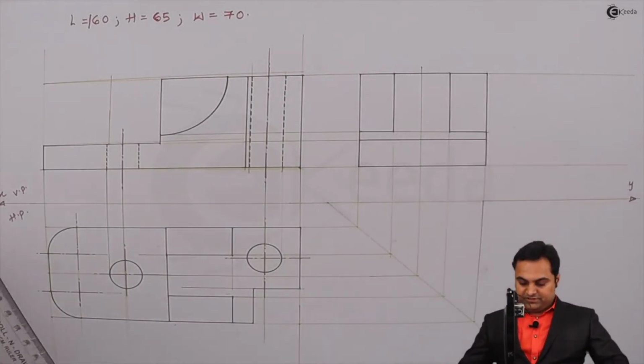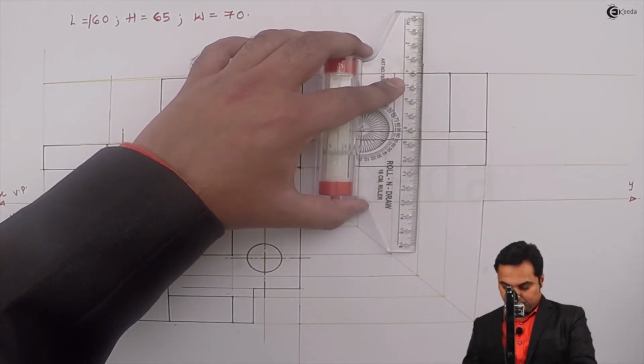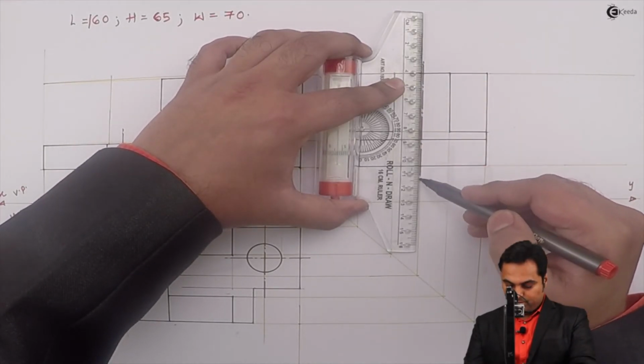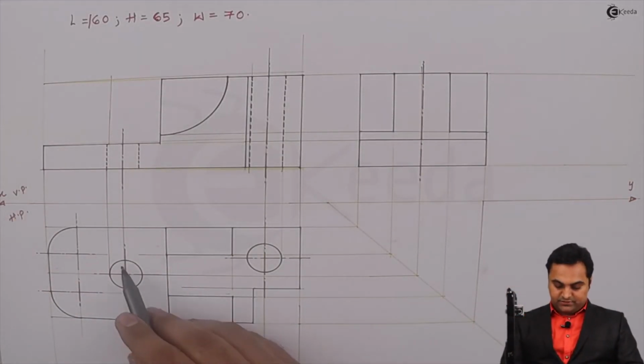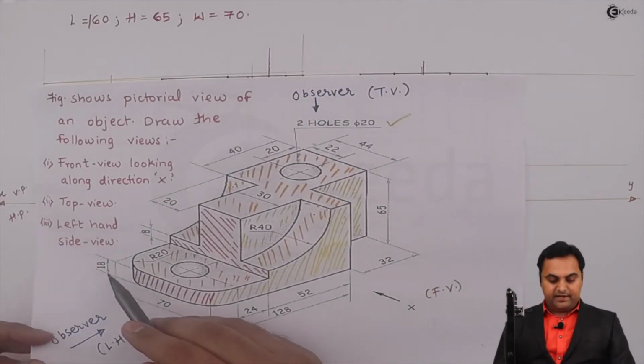After projecting this center, I'll project the circle as well. Now first I am projecting this circle which is there inside the 18 mm height plate.